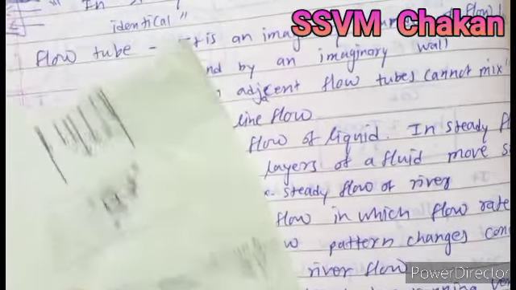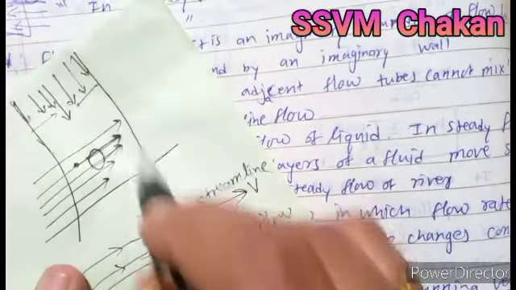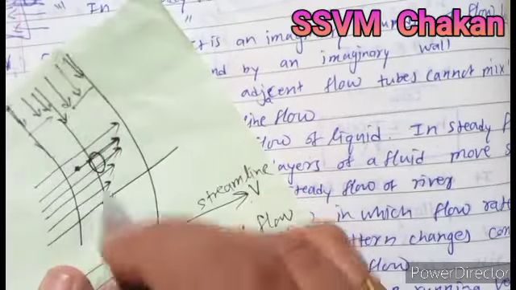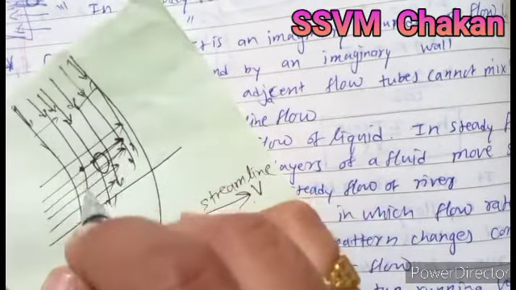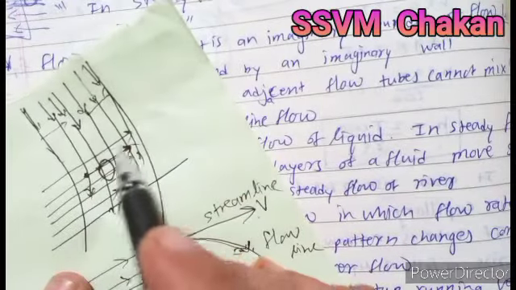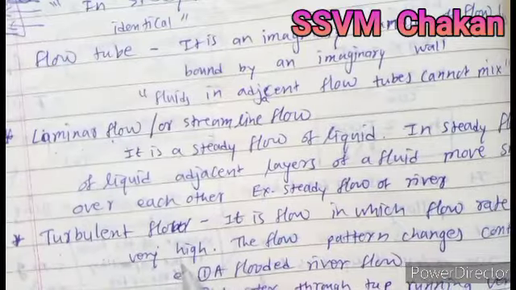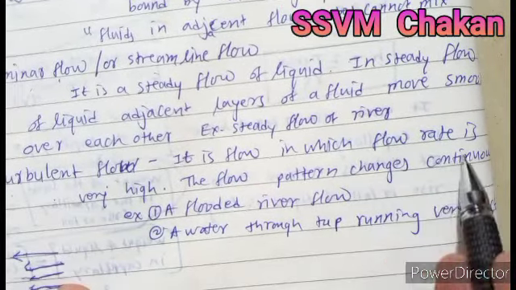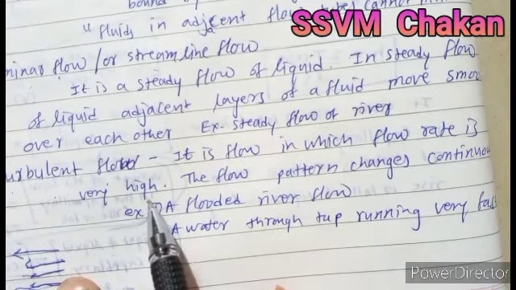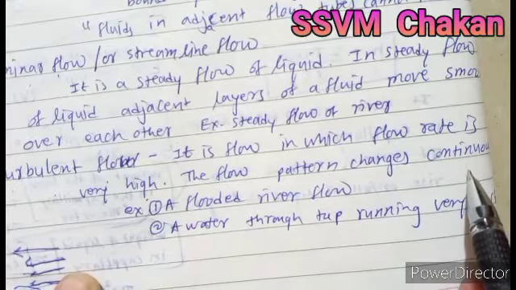But when that same river takes a turn, at that path the velocity of each layer goes on changing, and this type of flow of liquid is called turbulent flow. It is a flow in which the flow rate is very high and the flow pattern changes continuously.